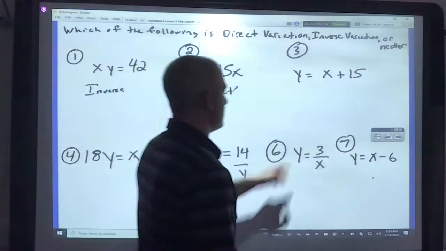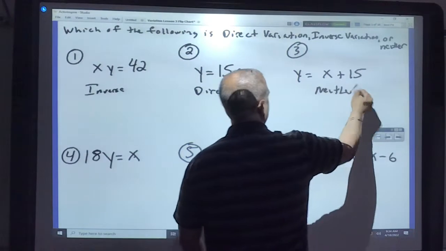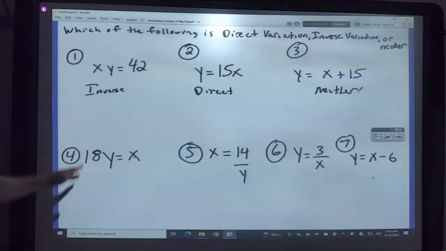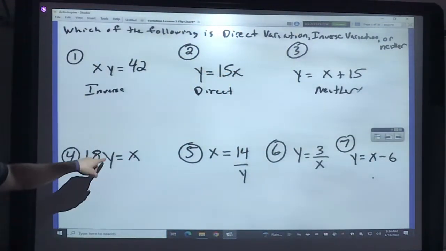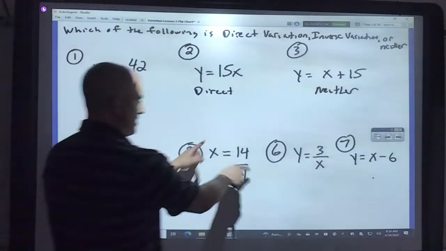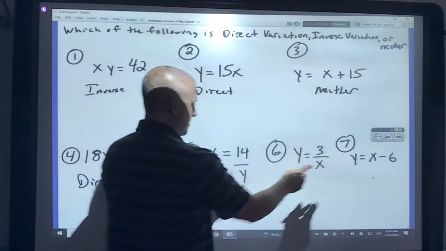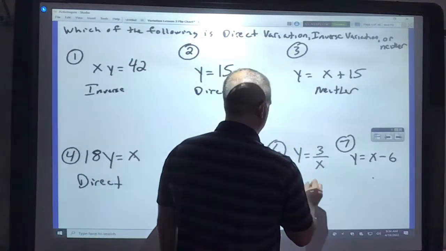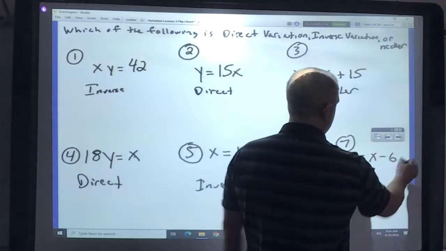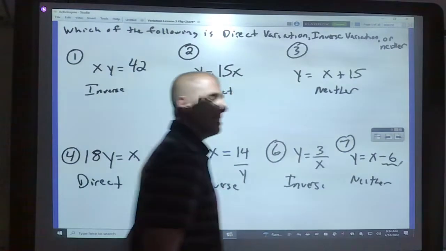And this one, since it has that y-intercept, would be a neither one. This one has x and y on opposite sides, same level, so this is direct. This one has x and y diagonal of each other, so that's going to be an inverse. This has x and y diagonal of each other, so that's going to be an inverse. And since I have the y-intercept there, that's going to be a neither.